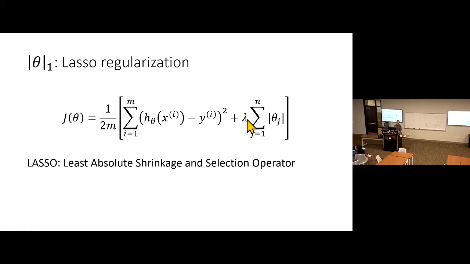Lambda is the relative contribution of the regularization term. In this case, lasso regularization uses the L1 norm, so you have the absolute value of those.